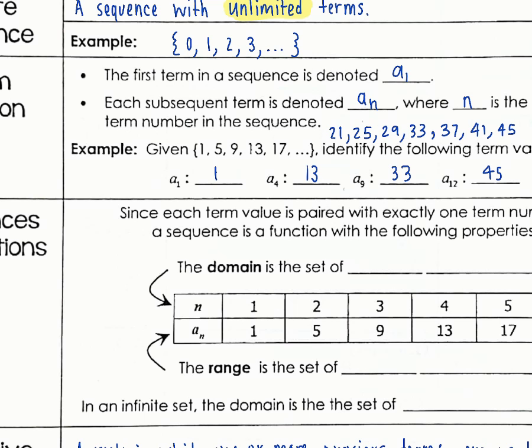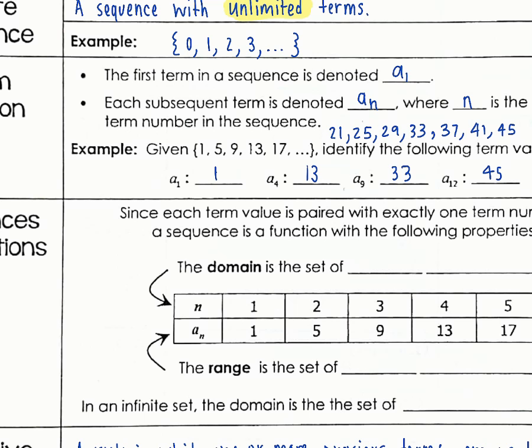When we have a sequence, we do have a comparison of two values. The term number and the term value. You understand? So sequences can absolutely be thought of as functions, because we not only have term number, we also have term value. And that's how we define these.